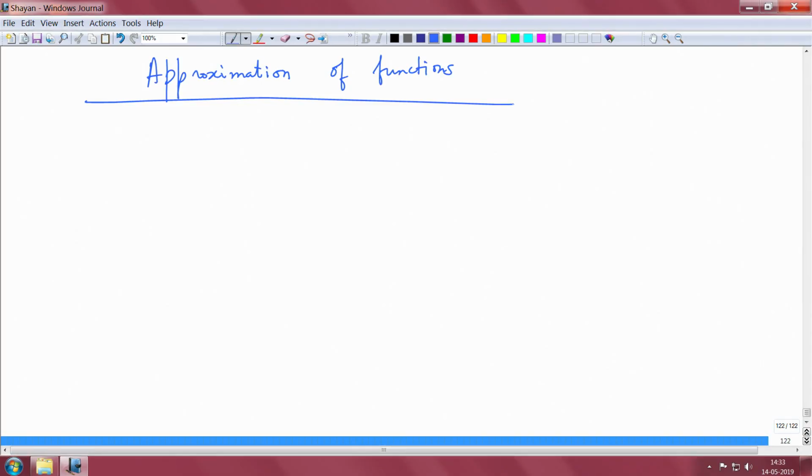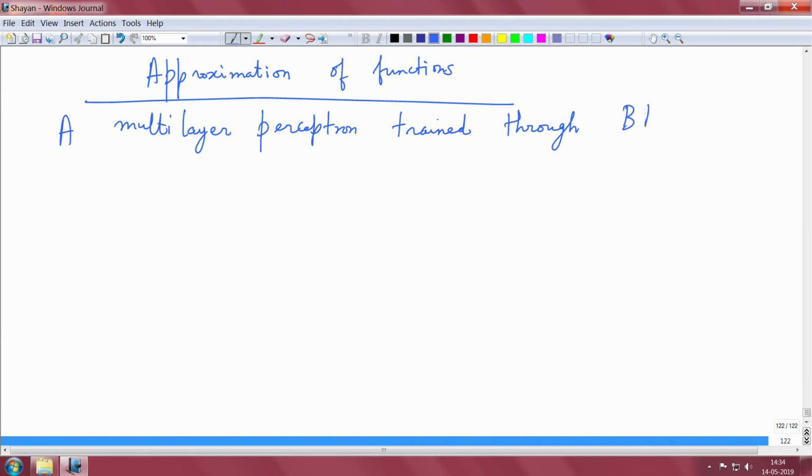So let us get started with the approximation of functions. A multilayer perceptron that is trained through the backpropagation algorithm can be an engine for learning the input output mappings.